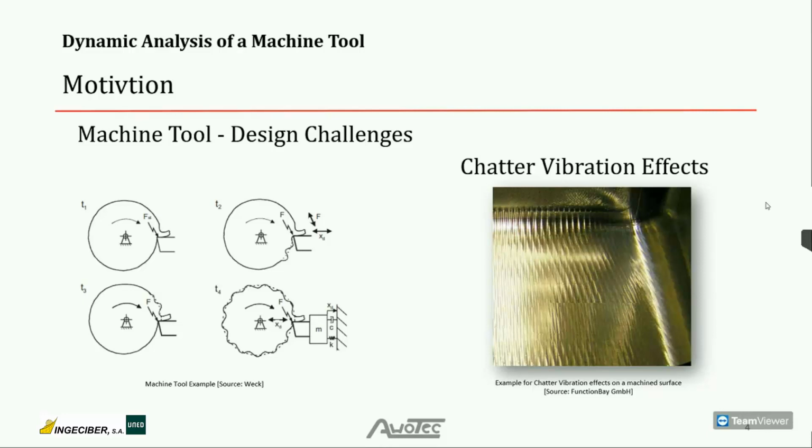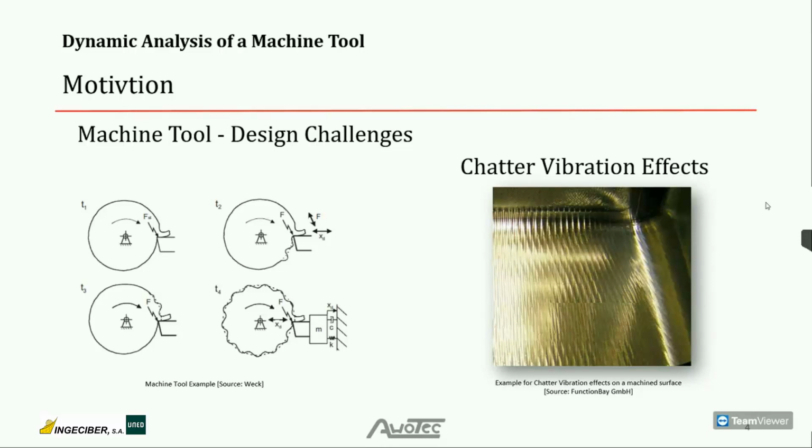You can't avoid them absolutely, because there are some self-exciting effects on chattering, as you can see on the left-hand side, where the principle of the sources of the chattering effects is explained.